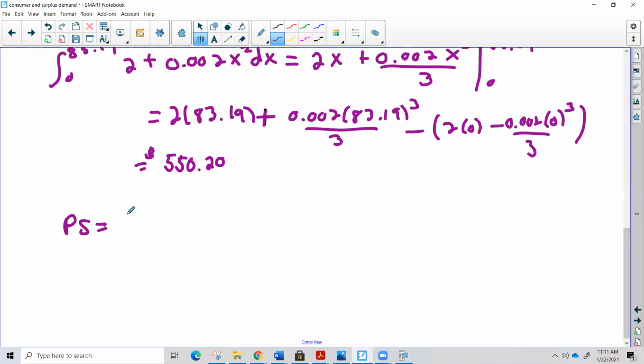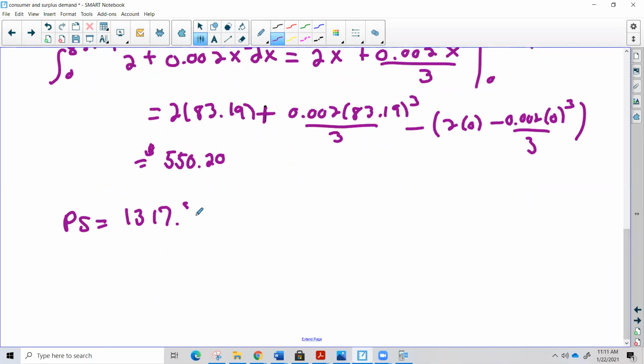So we had 1317.73 minus, again, it was this integral.